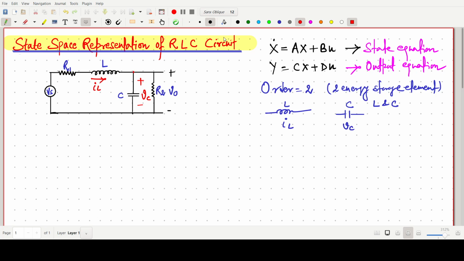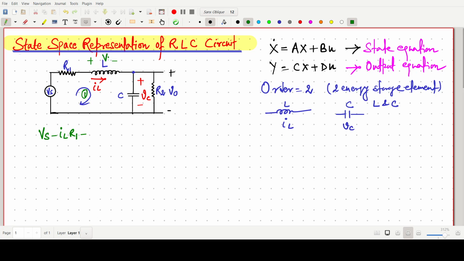So now, how to write the equation? Say this point is A. Before that, let's write the equation in this loop, loop one. We can write plus Vs minus IL R1. Now we are writing in terms of voltage. What should be the voltage across this side?